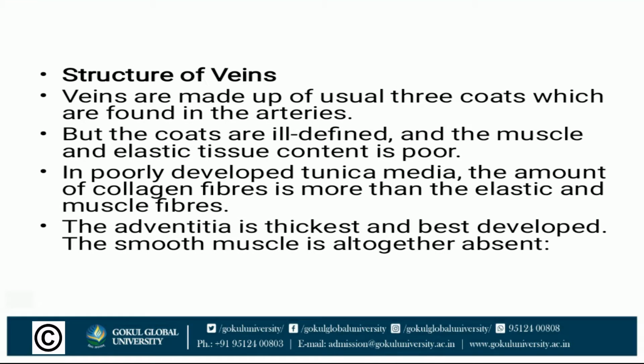Now we will see the structure of the veins. Veins are made of the usual three coats which are found in the arteries, that we have seen: tunica externa, media, and intima. Tunica externa is also called tunica adventitia. But the coats are ill defined and the muscle and elastic tissue content is poor.